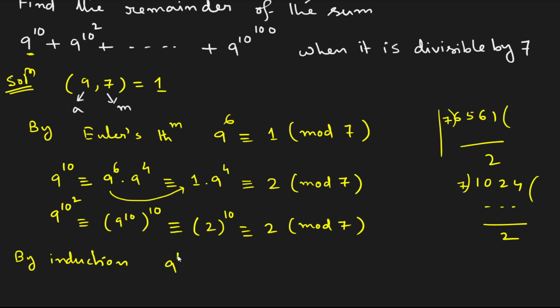So 10 to the power n, where n can be a number from 1 to 10, 1 to 100, is congruent to 2 modulo 7. What is n? n is a natural number. So when we divide it by 7, how much will we get? 2.